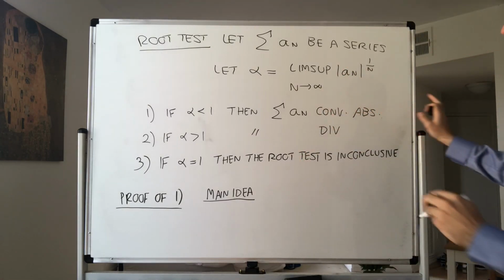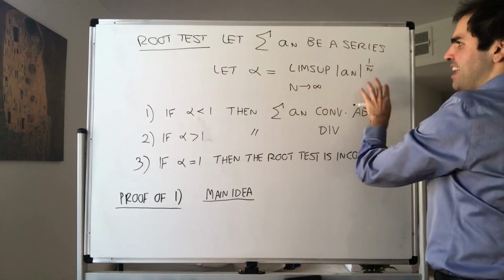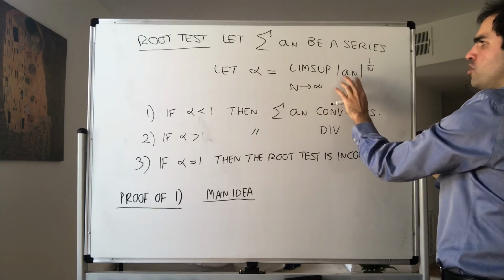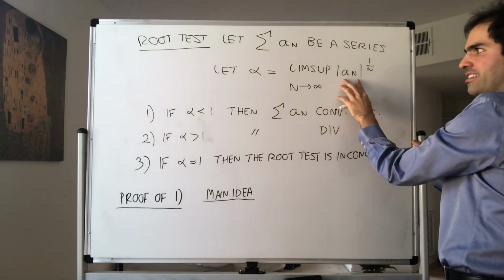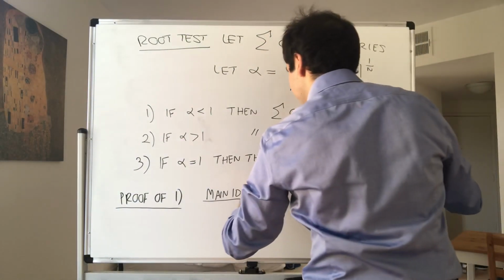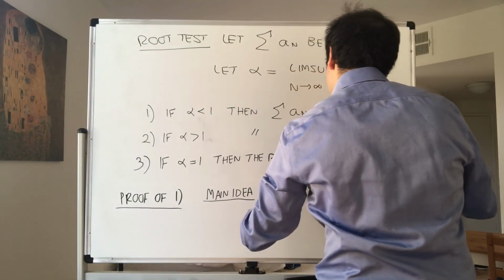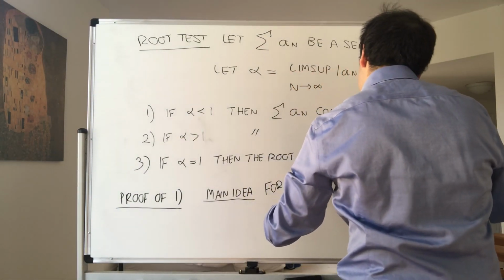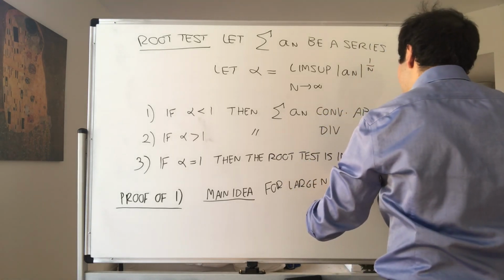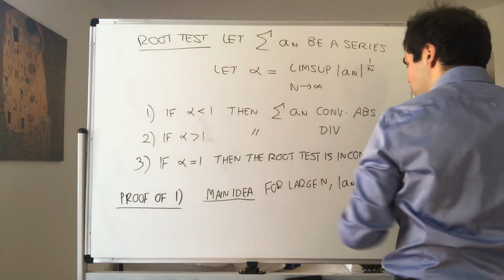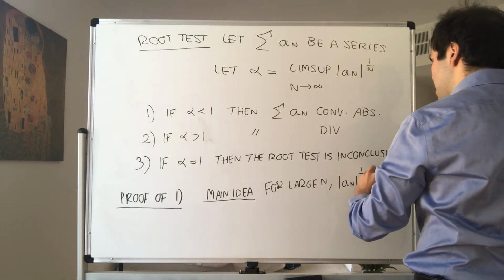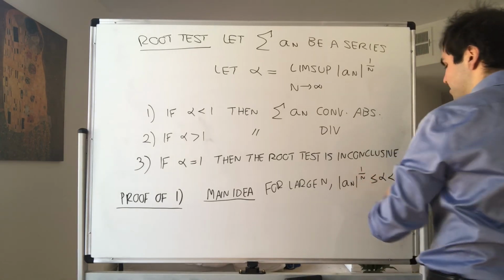So the main idea is, if alpha is less than 1, then the worst possible limit of this is less than 1. So in particular for large n, the nth root of a_n is less than or equal to alpha, which is less than 1.